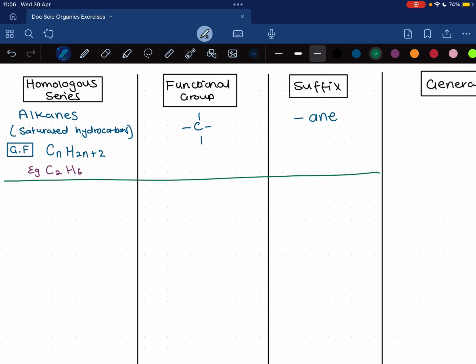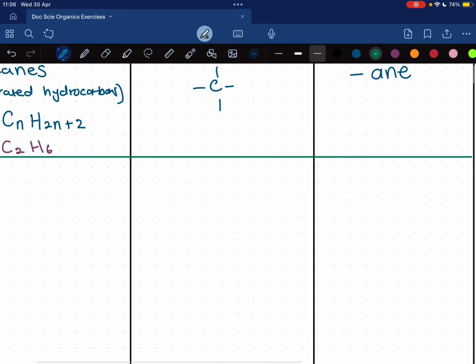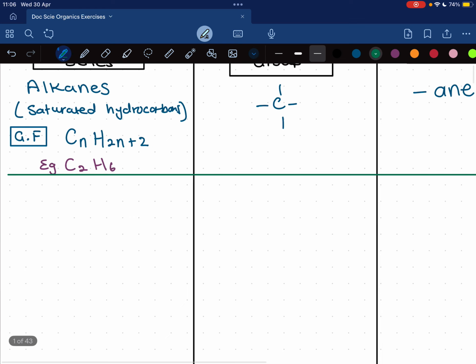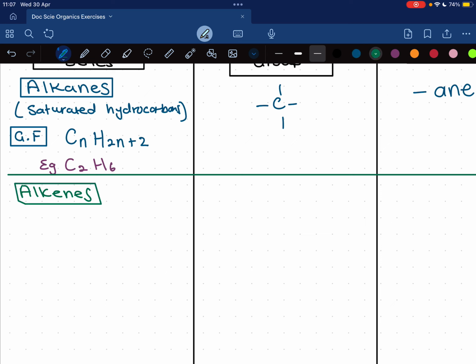Then the second type of hydrocarbons that we looked at are the alkenes. The alkenes are unsaturated hydrocarbons. They are unsaturated because they contain double bonds.